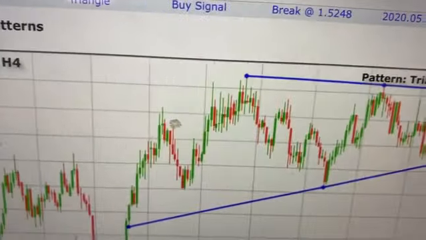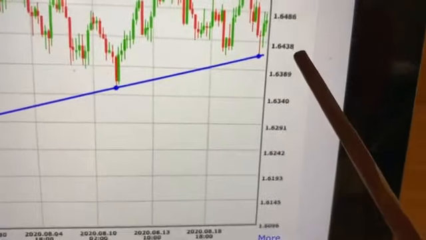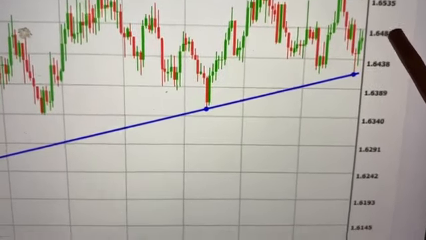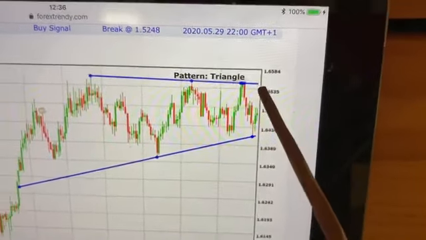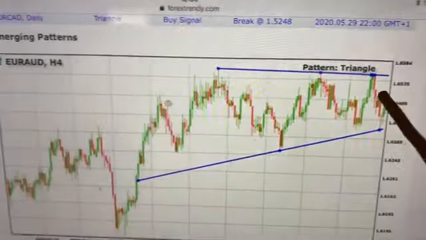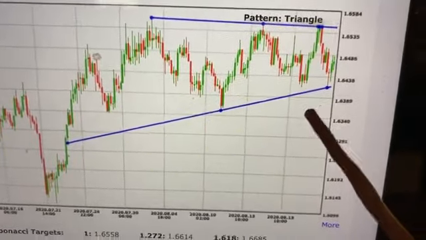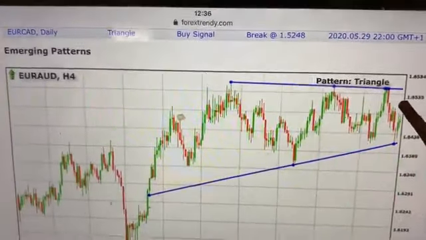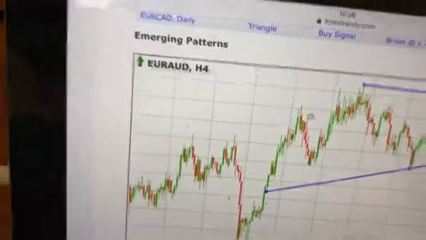Okay, this is on the 4 hour, which I think you could have gotten, let's say, 100 pips. Easy, 100 pips on the 4 hour. Okay, ratio 2 take profit to ratio 1 stop loss. On the 4 hour, easy, you make 100 pips if you use this type of strategy.